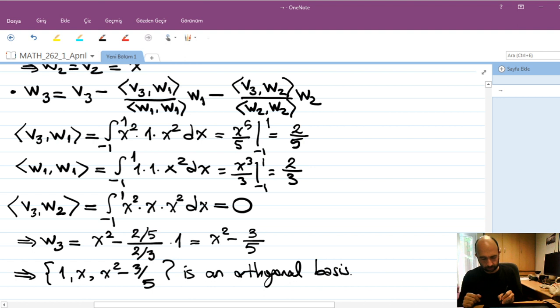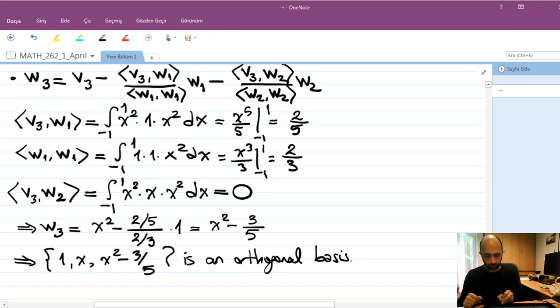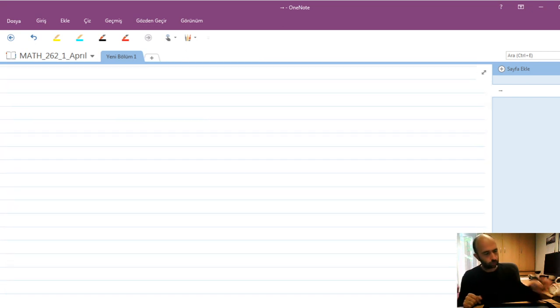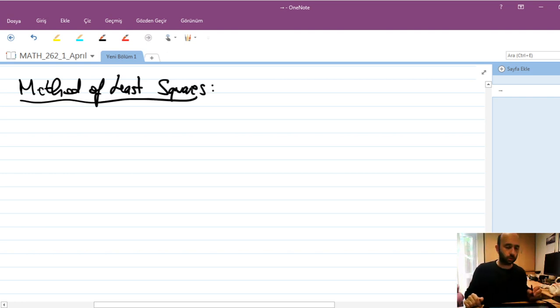And the final thing I want to do in this lecture is to give an example of the method of least squares. There was already one example in the notes, which was about fitting the best line to some set of points.